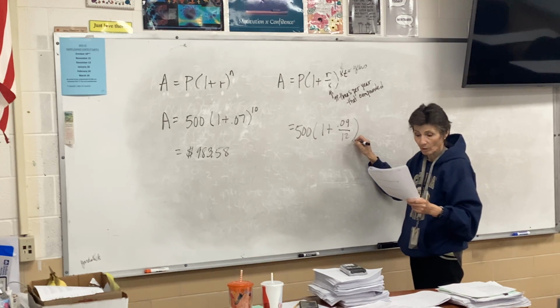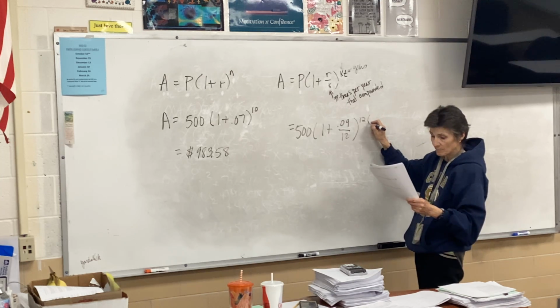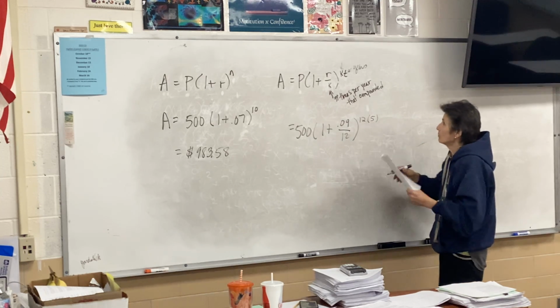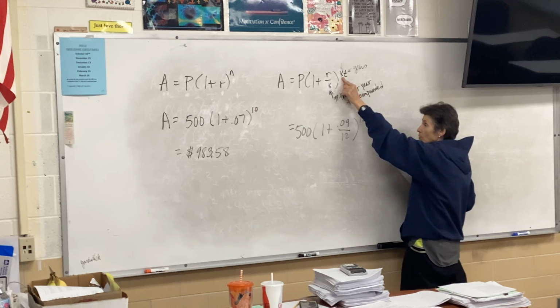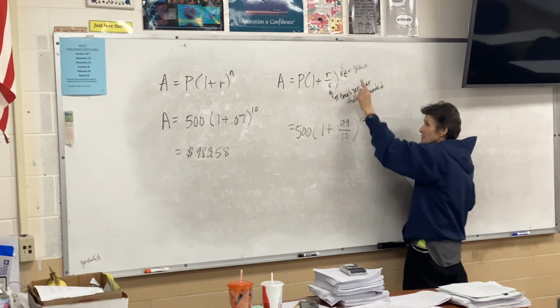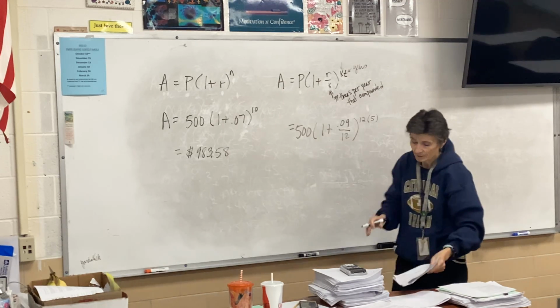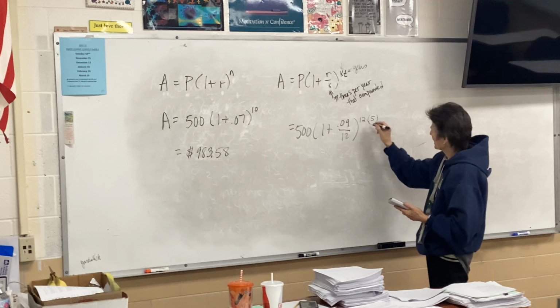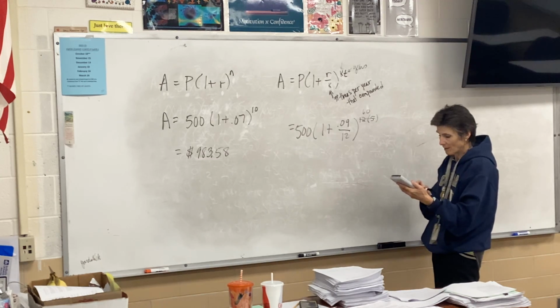Monthly. 12 times a year. Raised to the 12 times 5. Remember, your exponent is 2 things. It's the number of times a year you're compounding times the number of years. So 60 up here. So I would go ahead and make that a 60. I think it's easier to type it in.